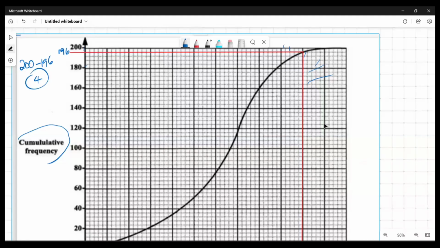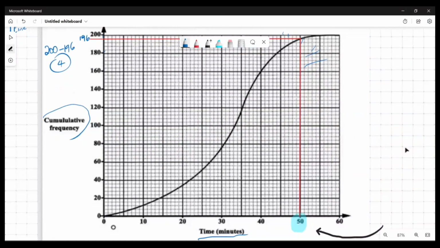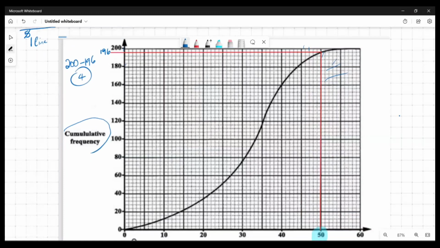For example, let's go back to this. We need 50% of the sample. How do you know the sample? The sample is from the question. It's 200 in this case, see there? So there are 200 students. So 50% of 200, everybody knows that it's 100. 50% is half.